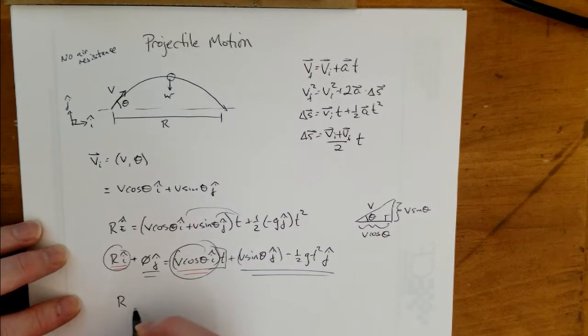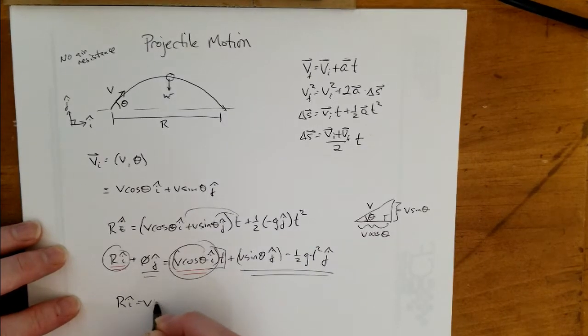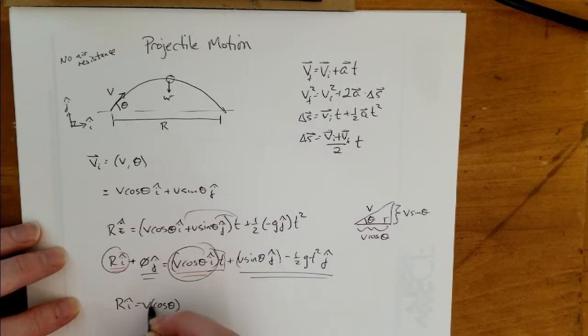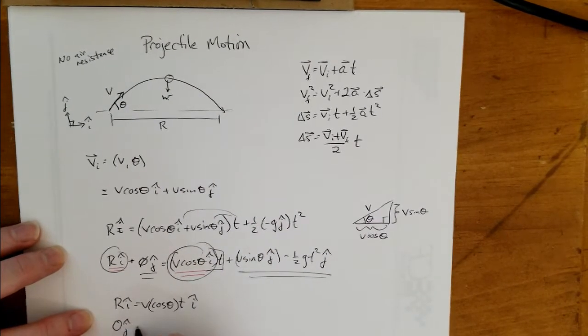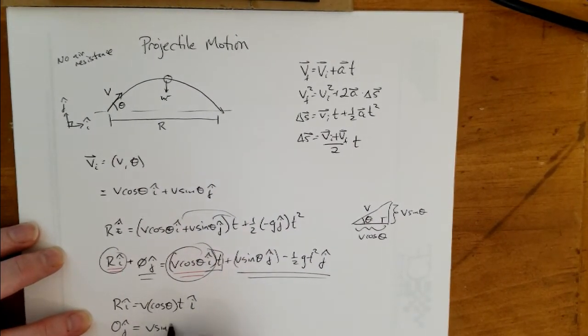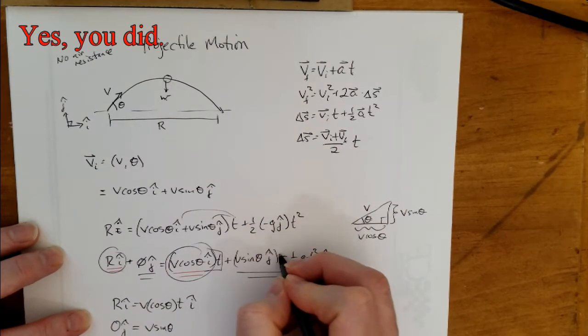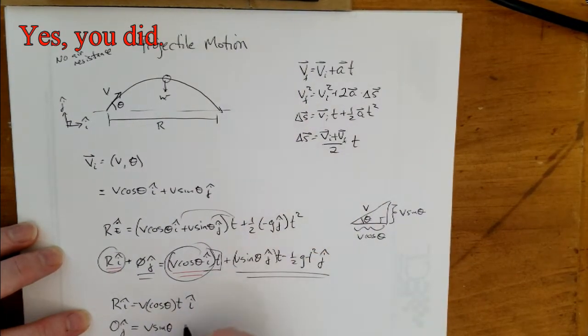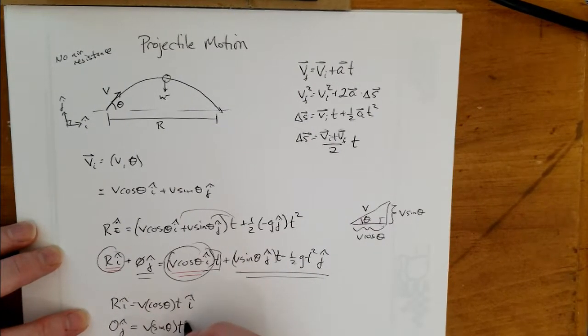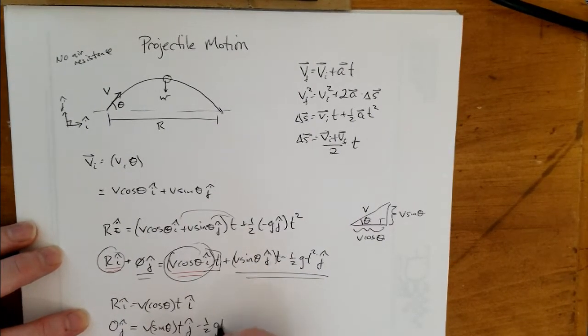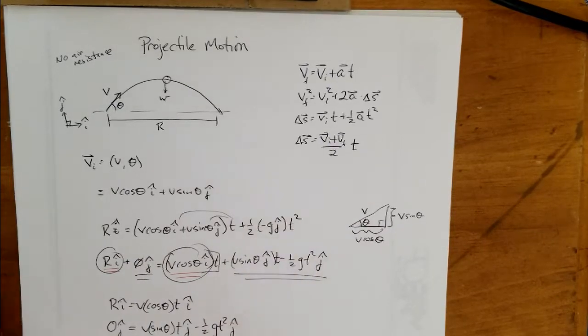So I have r i hat must equal v cosine theta times time i hat, and 0 j hat must equal v sine theta times time j hat minus 1/2 g t squared j hat.